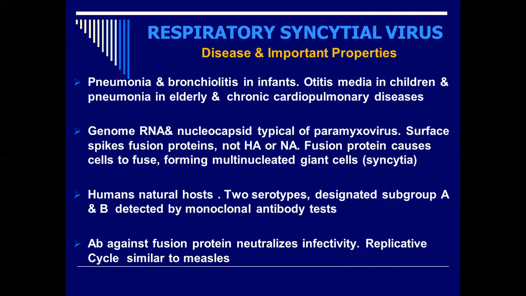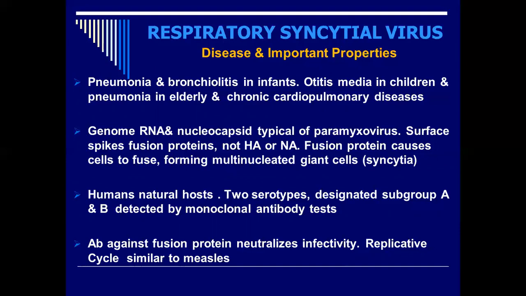The genome of respiratory syncytial virus is again an RNA genome, with nucleocapsid symmetry, as we see in other paramyxoviruses. The surface spikes, the fusion proteins, are there. There is no HA or NA, no hemagglutinin or neuraminidase.